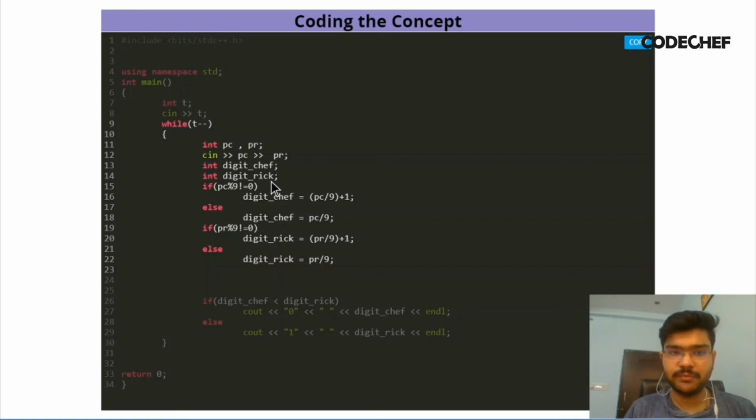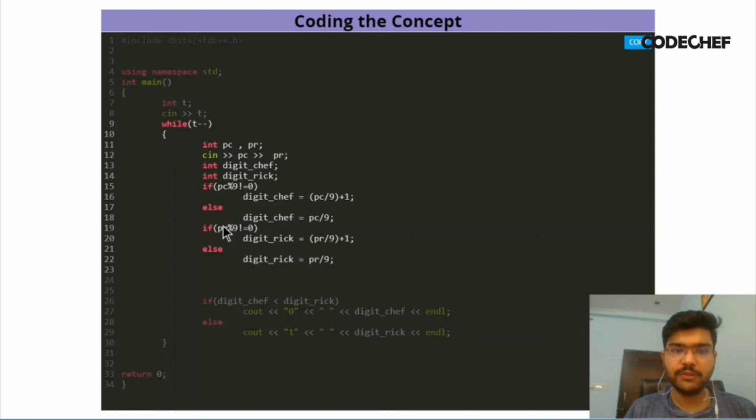Else, if the modulo is equal to 0, I'll simply divide that power by 9. There is no requirement of an extra digit. So this is how we calculate the number of digits for Chef. Similarly, we go for Rick as well.